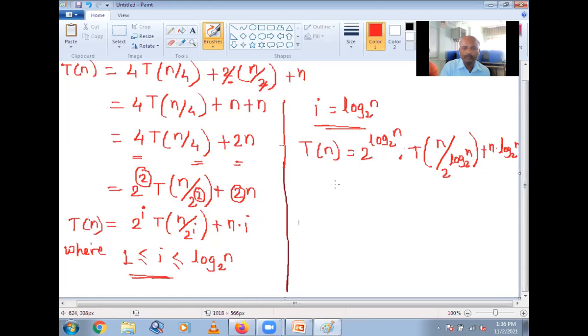So we know the formula that b raised to log of b raised to a, which is equal to a into log b upon log b, which is equal to a into 1, which is equal to a.